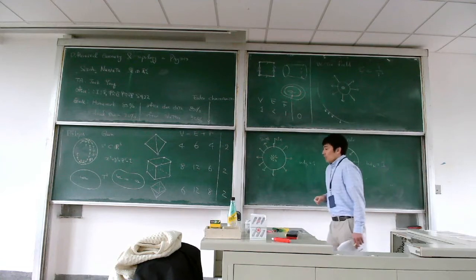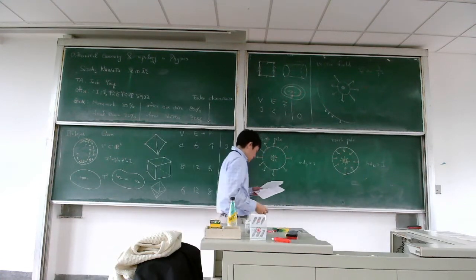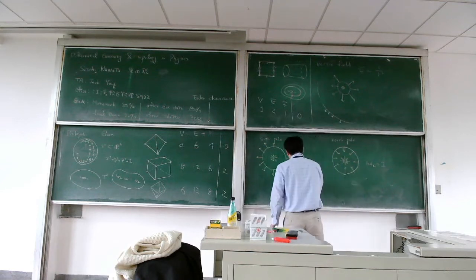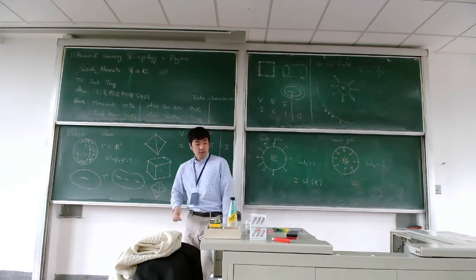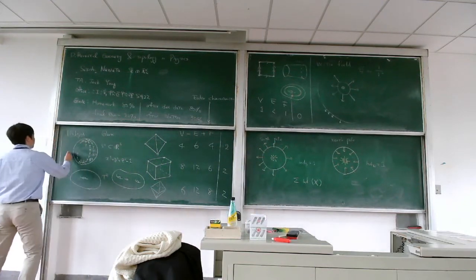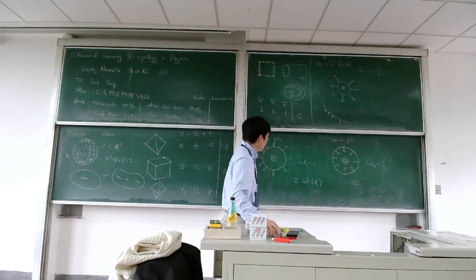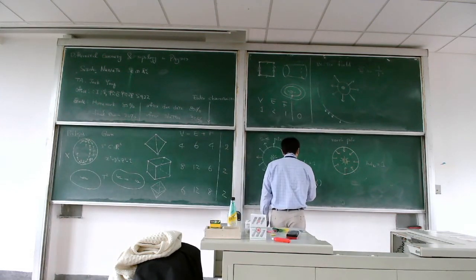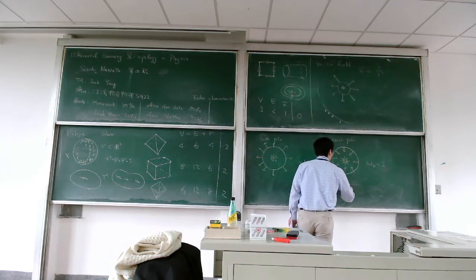And then people write down the sum of the indices of the zeros of the vector field X. Usually people call the vector field X instead of E. The sum of indices of zeros in this case is equal to 1 plus 1 is equal to 2.